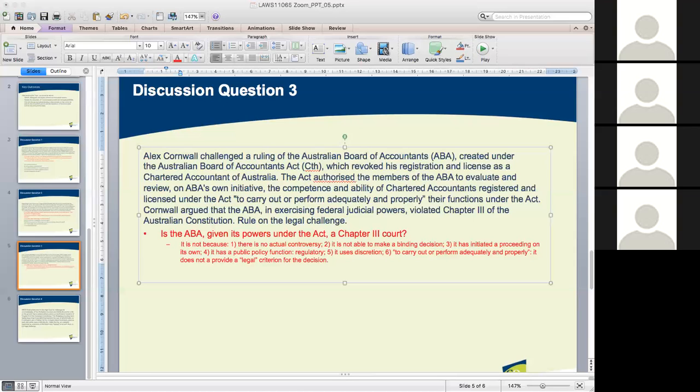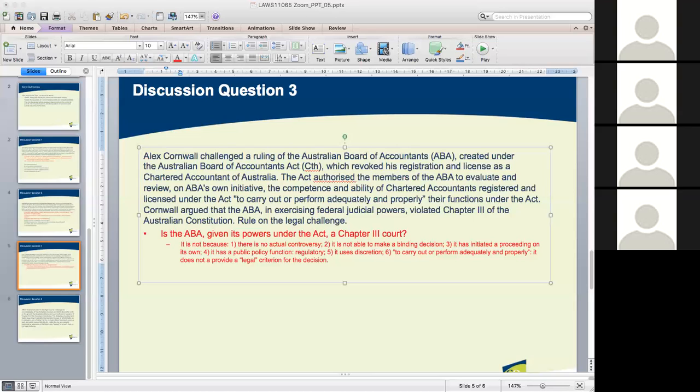What if this specific act also said that the board can make a final, conclusive, and binding decision? So in addition to all these dimensions, what if the act also empowered the board to make final, conclusive and binding decisions?